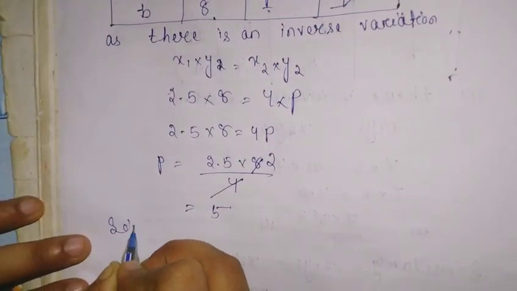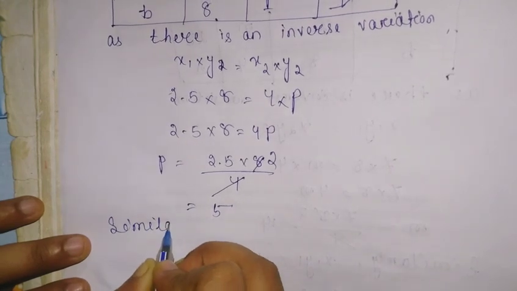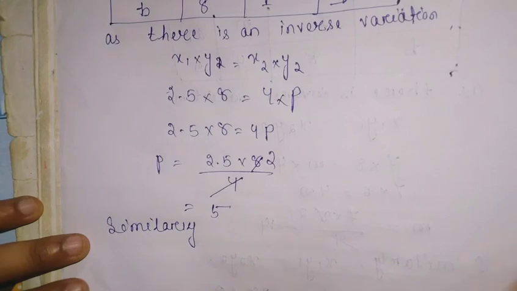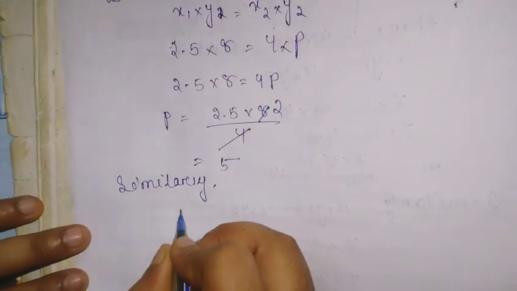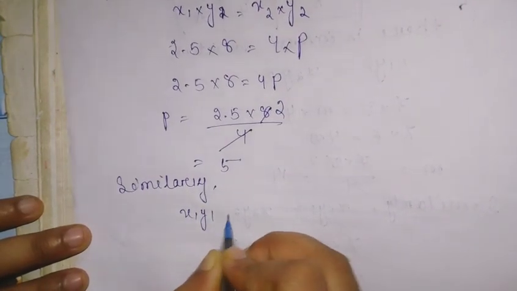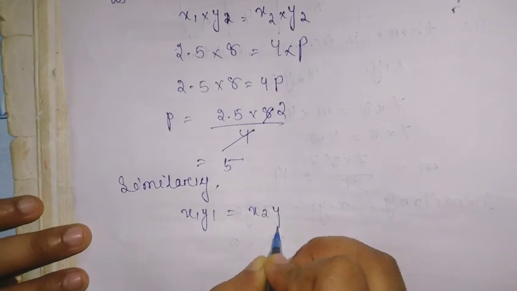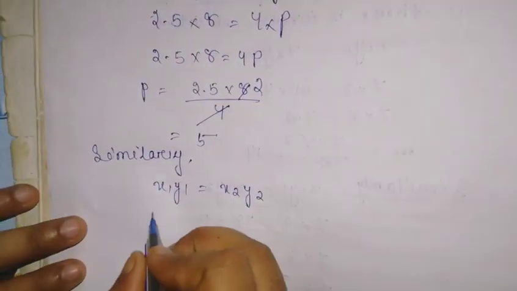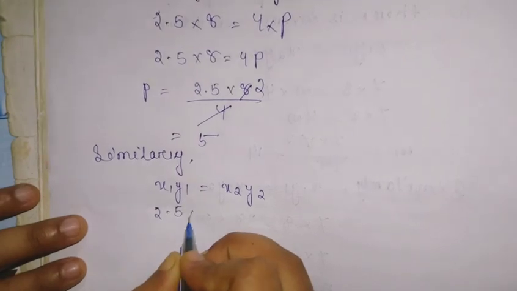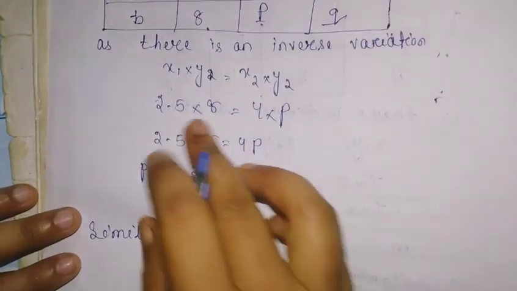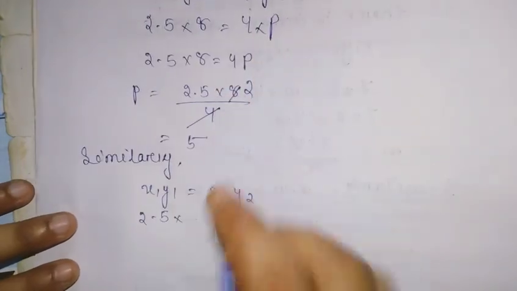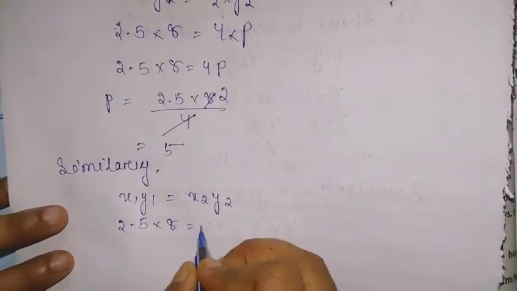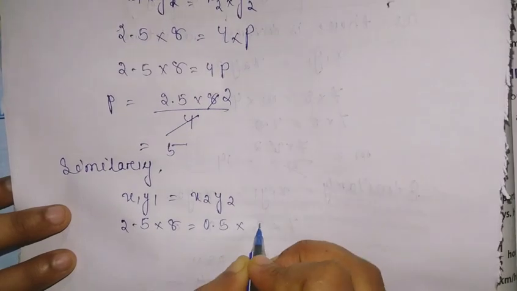Similarly, x1 into y1 equals x2 into y2. x1 is 2.5 into y1 is 8. Then x2 is 0.5 and y2 is q.